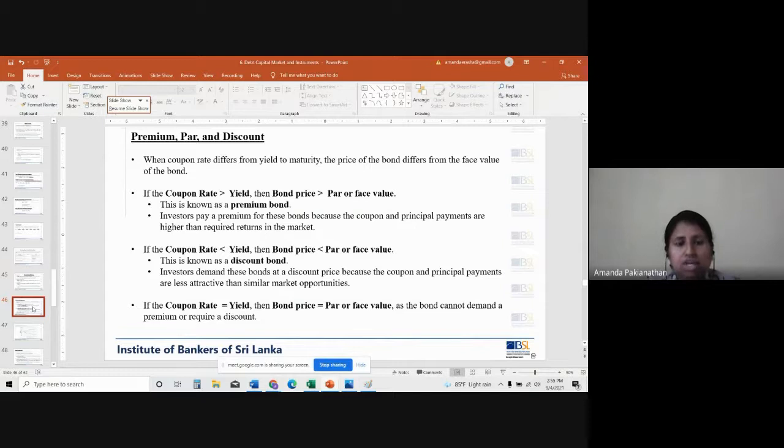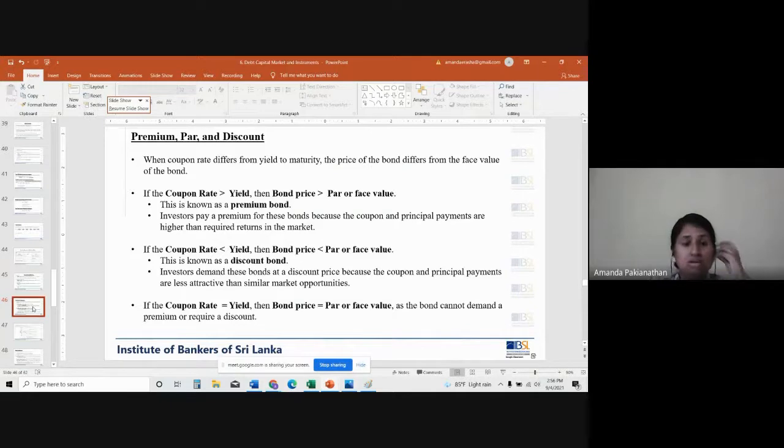But if you are giving a return in terms of coupon lesser than what investors expect, say investors want 6% return but you are willing to give only 3% as your coupon, investors can demand a discount. Why? Because it's less attractive. They wouldn't buy this bond because the coupon is less than what they expect. Hence, that bond could be a discount bond.